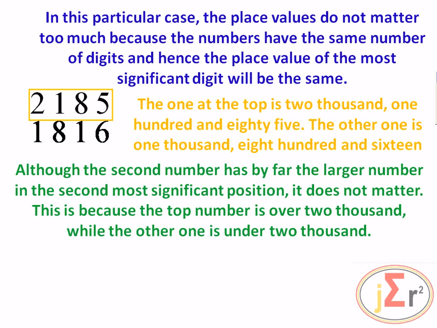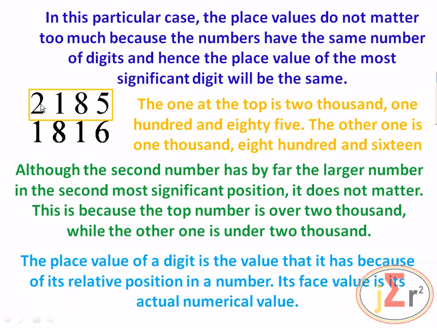So of course, if this digit were a 9 and this one were a 0, as long as this is a 2 and this is a 1, then this number will still be larger than this one, because the top number is over 2,000 while the other one is under 2,000, and that is because of the place value that we have there, that the larger number is in the largest place value position.